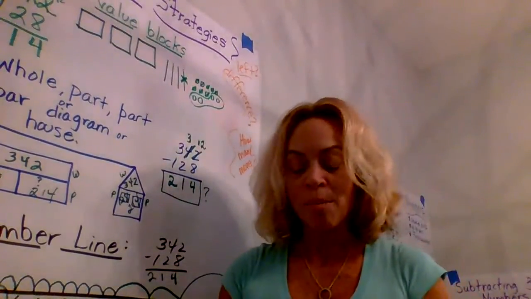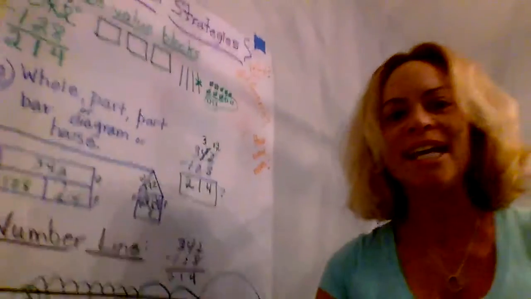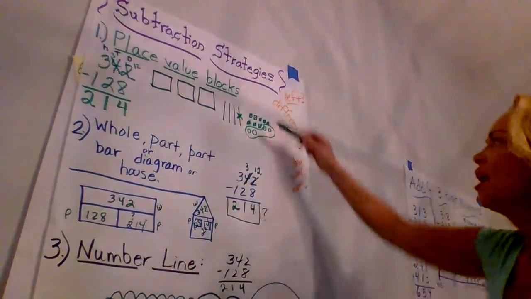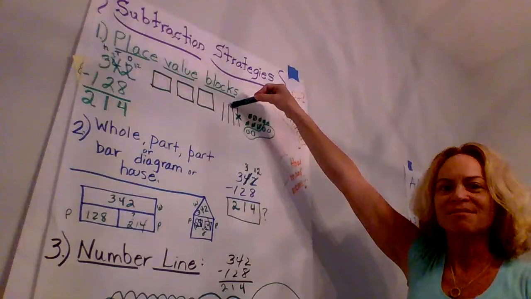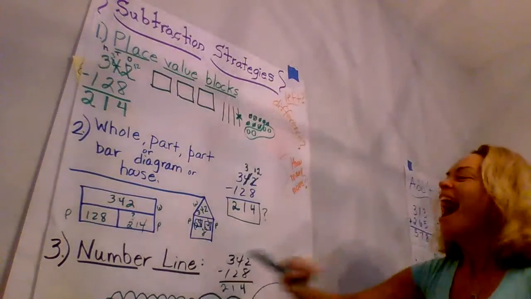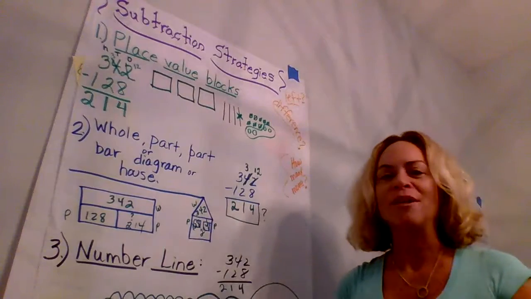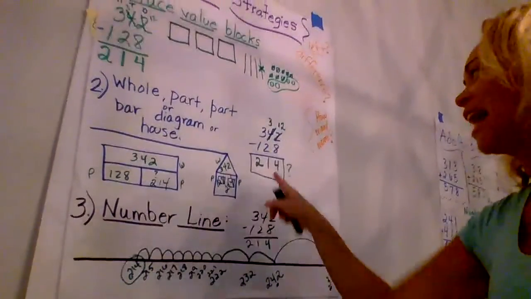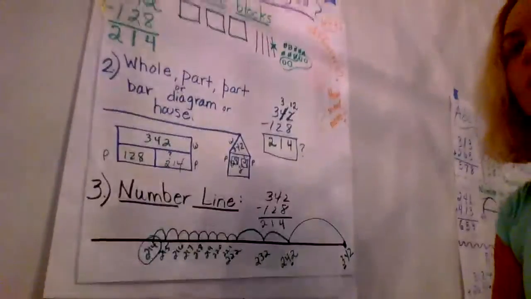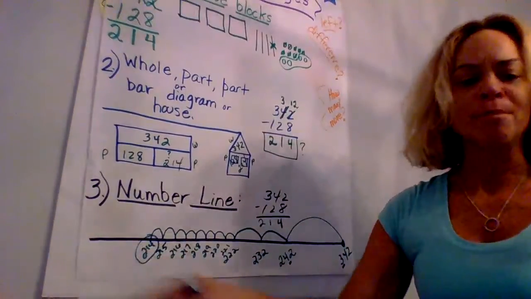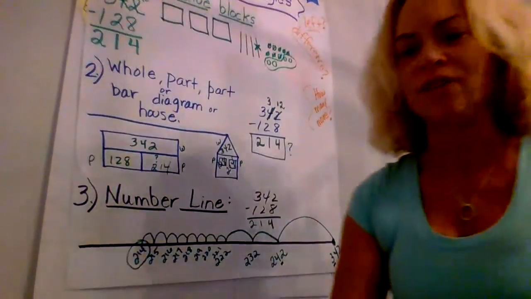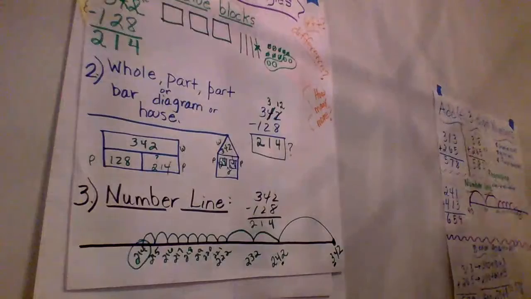Boys and girls, you're going to try your problems using either place value blocks, that's my favorite, part, whole, bar or house diagram with an algorithm, or subtract on a number line by hopping your hundreds, tens, and ones.